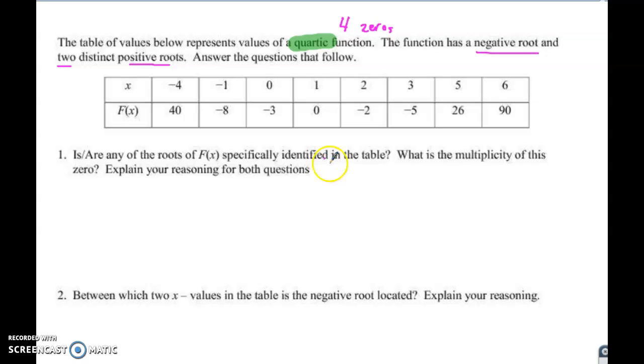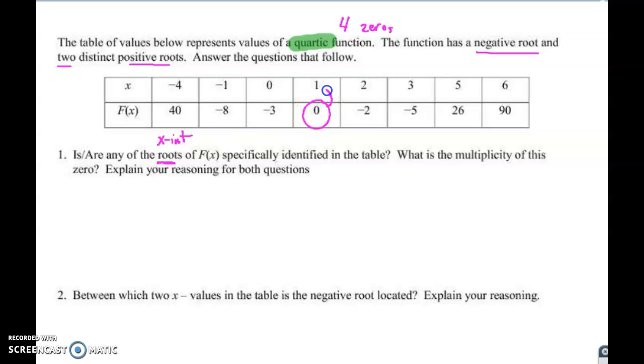So as we look at this problem, is there any other root specifically identified in the table? Now remember, a root is also called a 0 or a solution or an x-intercept. So remember, the x-intercept is when y equals 0.